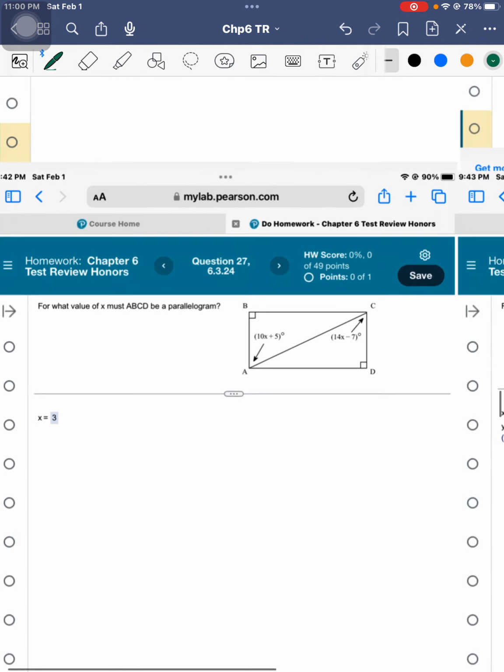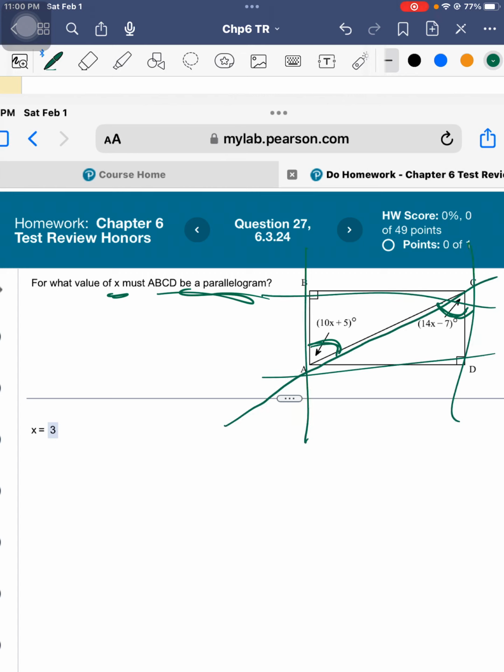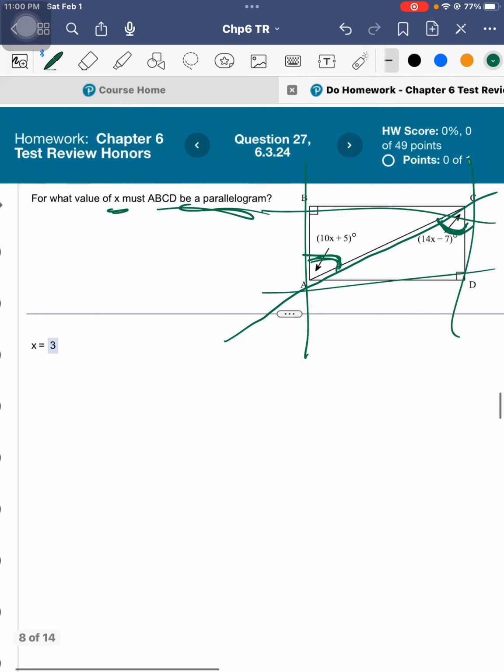Cool. All right, so let's look at this next one. For what value of x must ABCD be a parallelogram? Look at what they're giving me for the x's. They're giving me the alternate interior angles, right? Because if there's a parallelogram, I can say this is my transversal, which makes these my alternate interior angles.